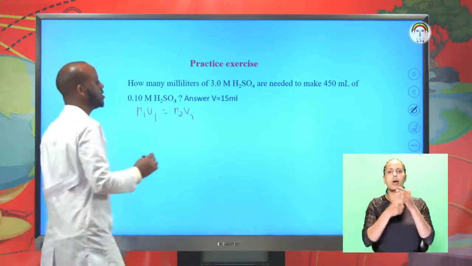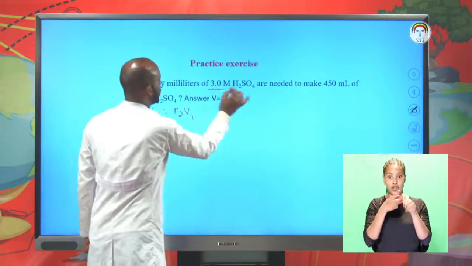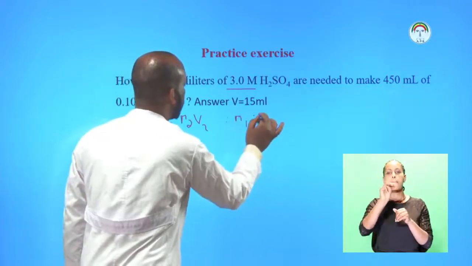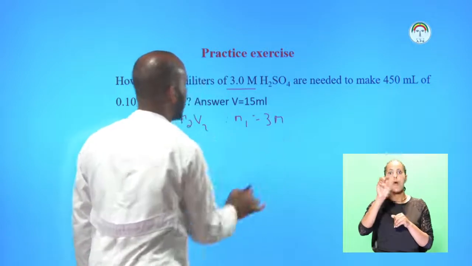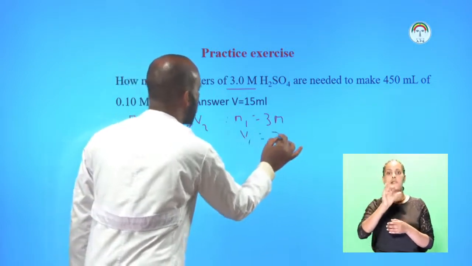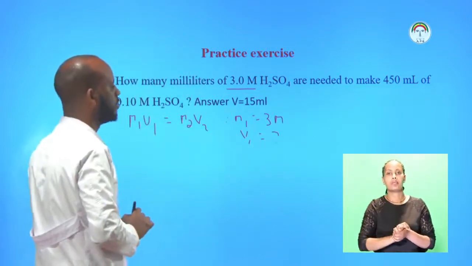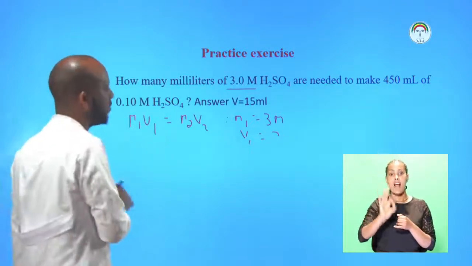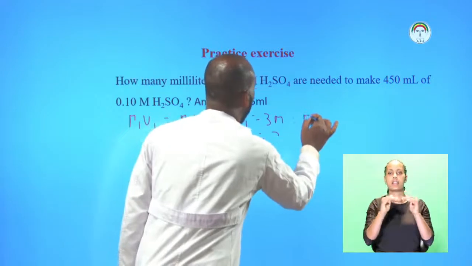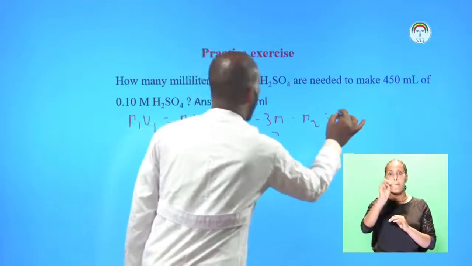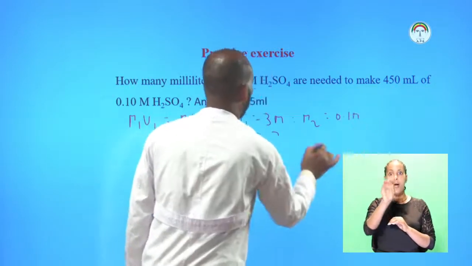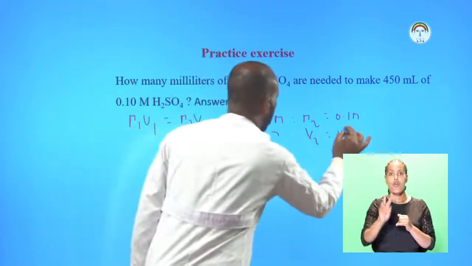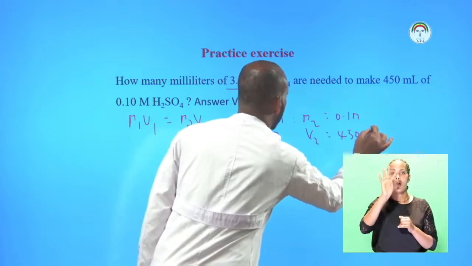What is given? Initial molarity M1 is 3 molar. V1 is unknown. Final concentration M2 is 0.1 molar and final volume V2 is 450 milliliter.